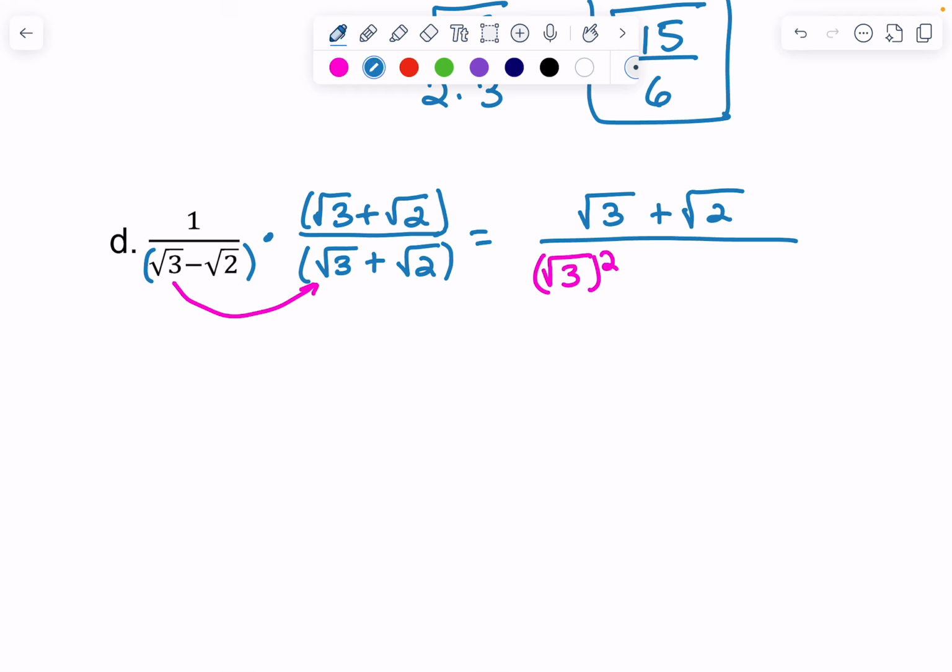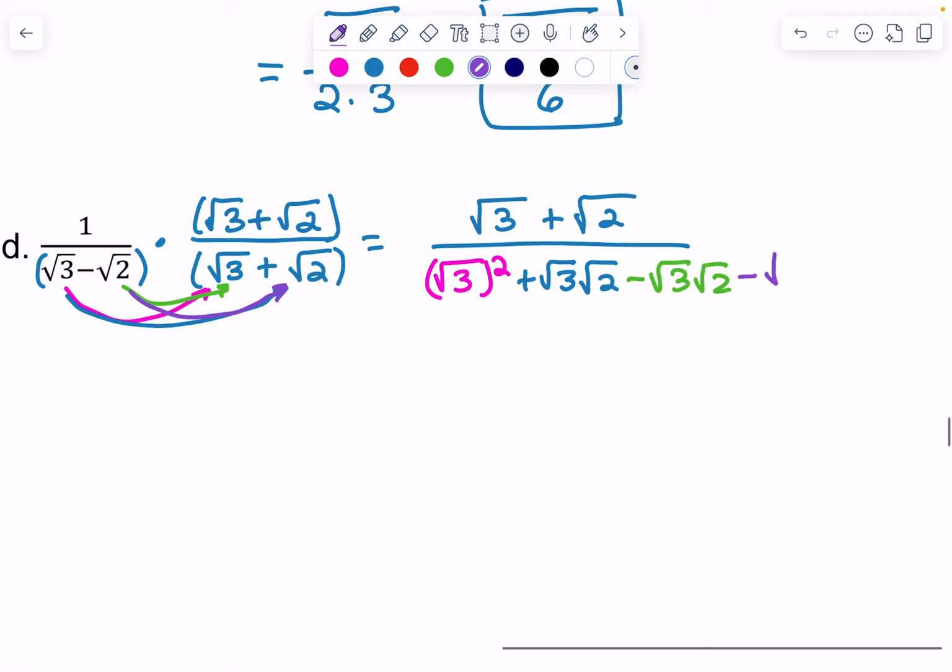Then I'm going to have my outers. That's going to be plus the square root of 3 times the square root of 2. And then I'll have my inners. That's going to be minus the square root of 3 times the square root of 2. And finally my lasts, which is going to be minus the square root of 2 all squared.